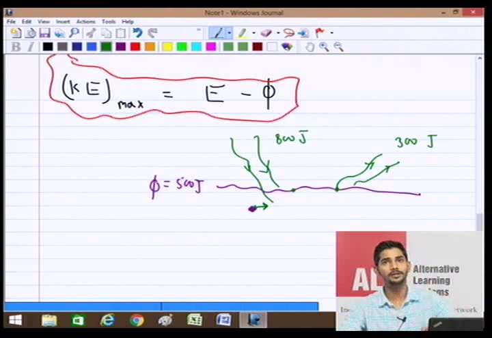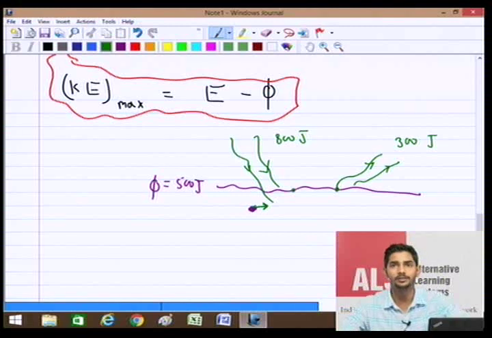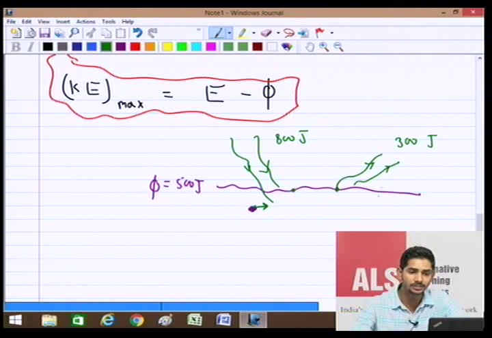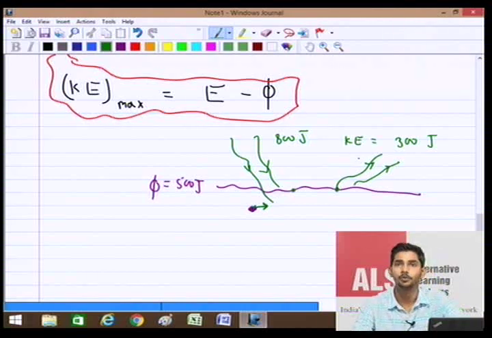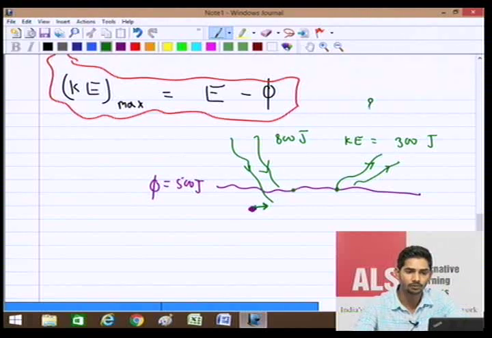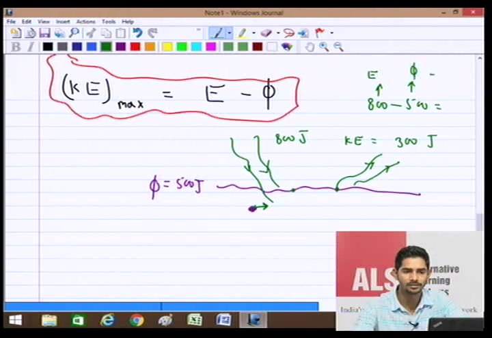Okay guys, are you getting this? Out of 800, 500 has been used by the electron to come up to the metal surface. Now it is left with 300 joule of energy, which is actually in the form of kinetic energy. So how do we get the 300? It is your 800 minus 500. 800 is your E, 500 is your phi, and this 300 is the kinetic energy.